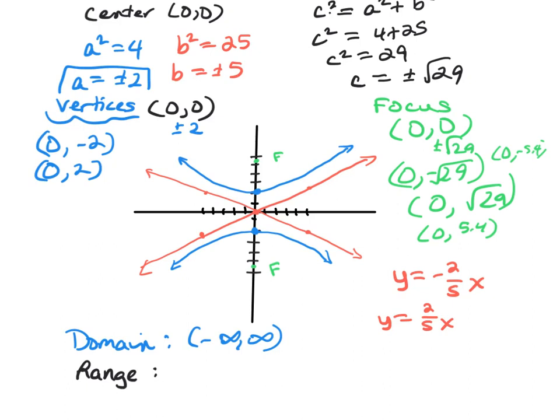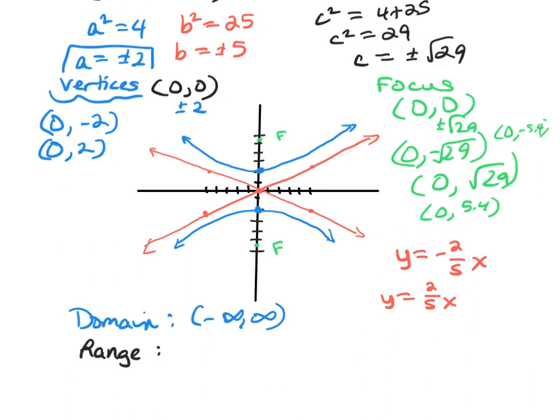For the range, it's going to go from negative infinity, and then it stops right here at the 2. We're going to union that where it takes off again at the positive 2 to infinity. And again, remember the infinities always get parentheses. Pretty good on that one?